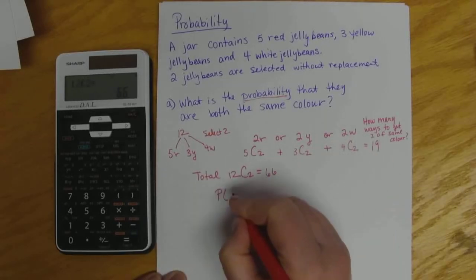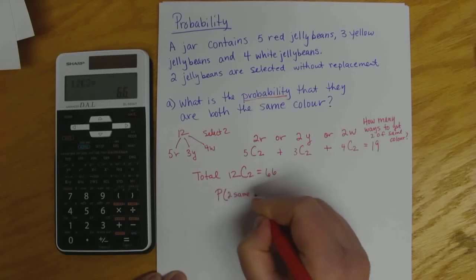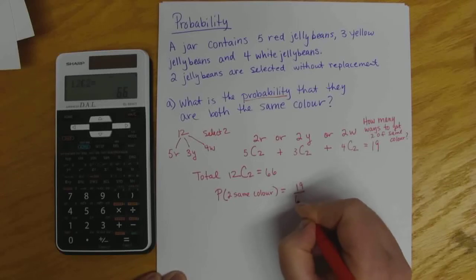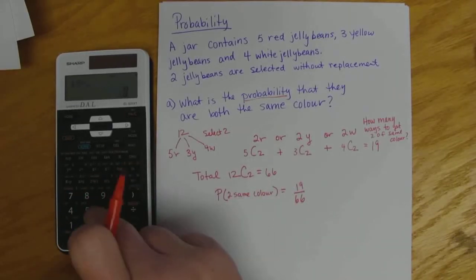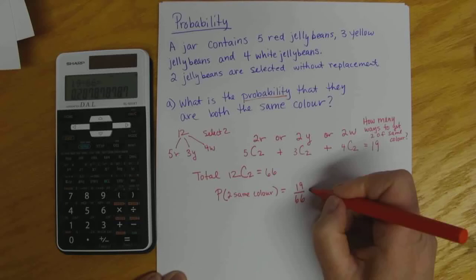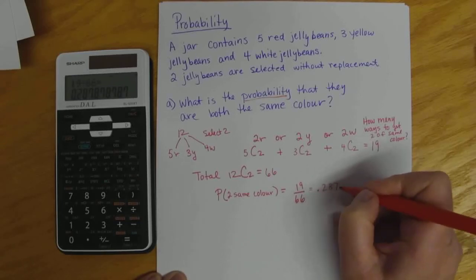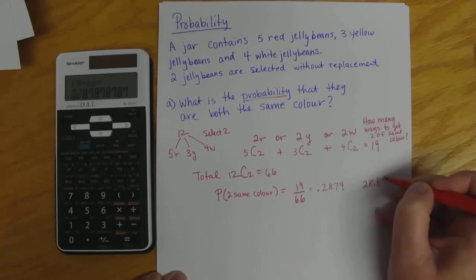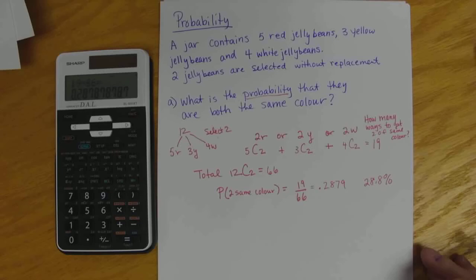So the probability that we get 2 the same color is 19 divided by 66, or 0.2879, or 28.8%, about that. Okay.